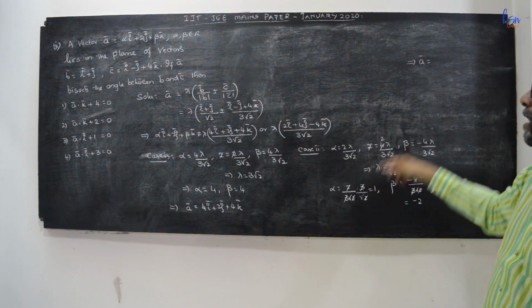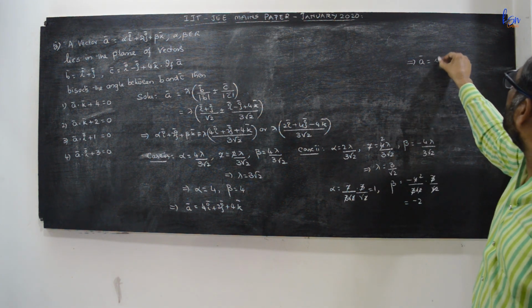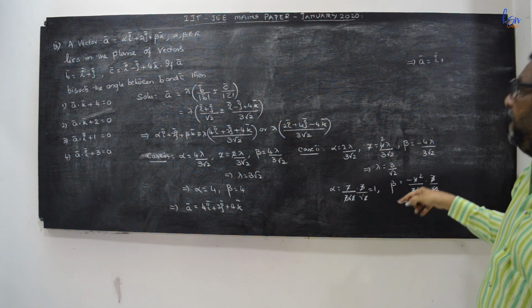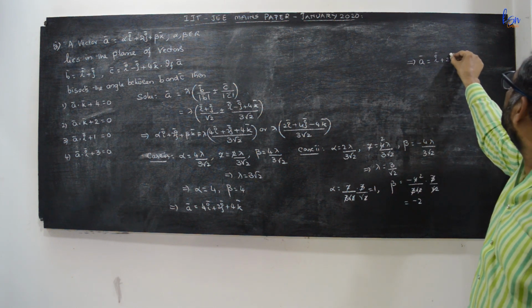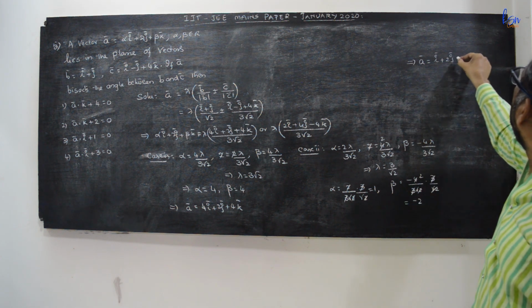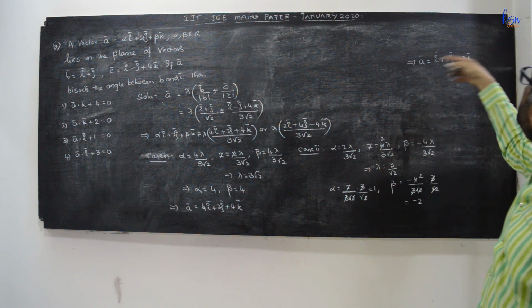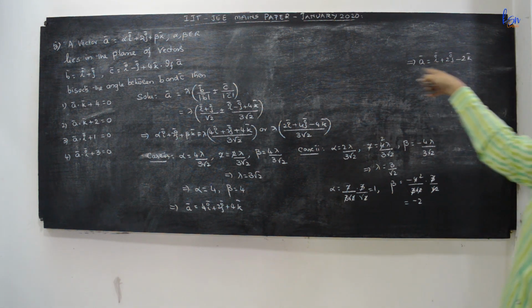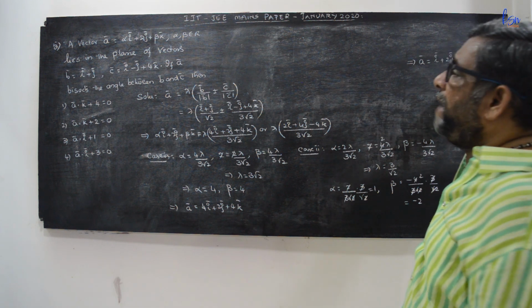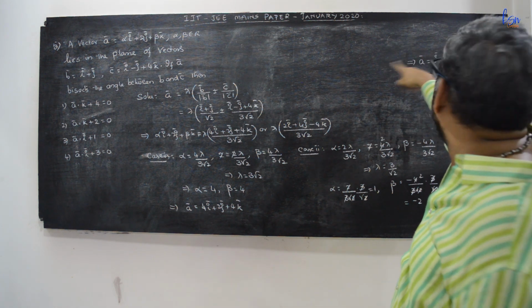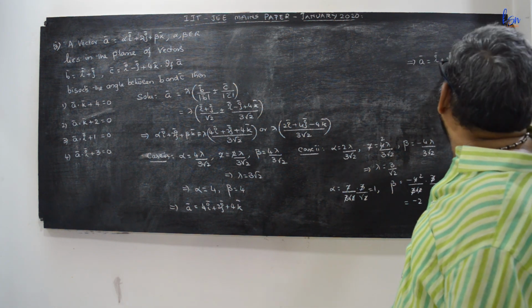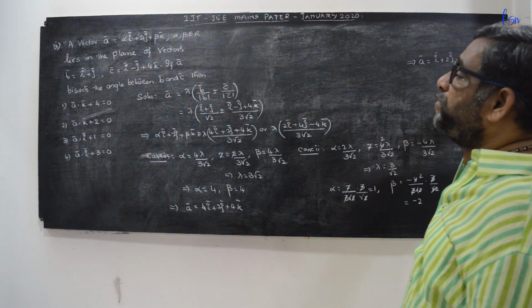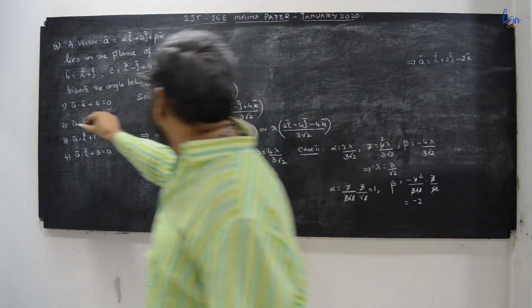And therefore in this context your A bar is equal to alpha i bar plus 2j bar plus beta k bar, minus 2k bar. You can again check the options. A bar dot k bar: minus 2 plus 4 not equal to 0. A bar dot k bar means minus 2 plus 2 equal to 0. This will be the option.